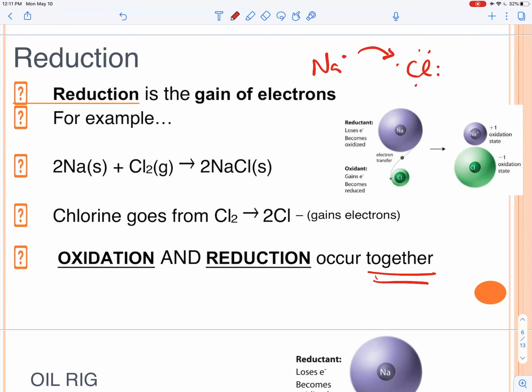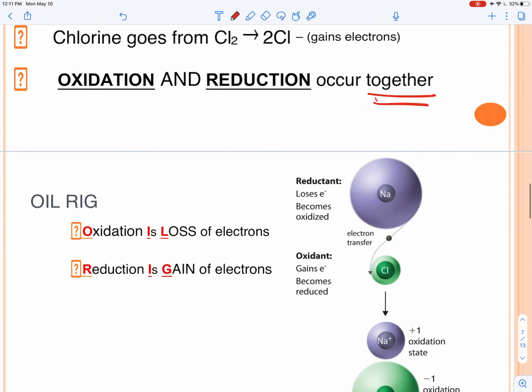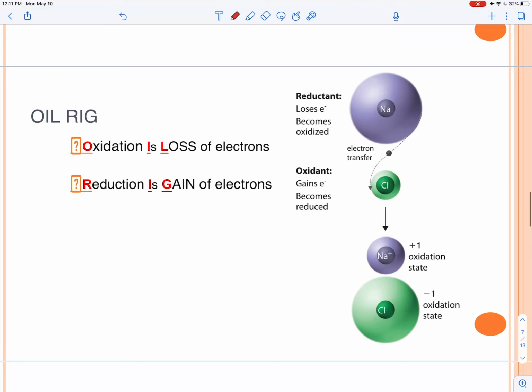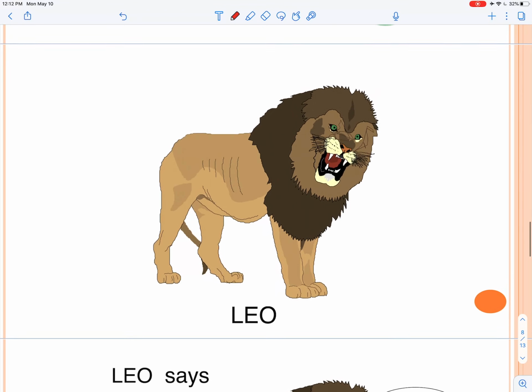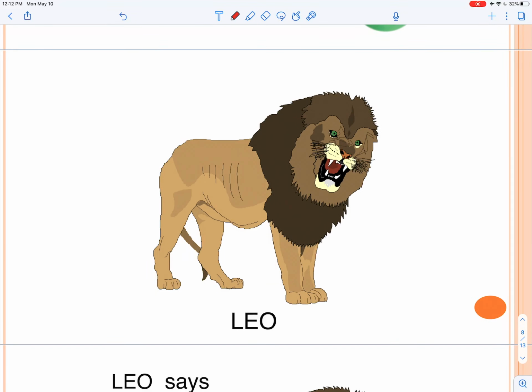So how do we remember which is which? Which one's the gain of electrons? What's the loss of electrons? One mnemonic you can use is oil rig. So oxidation is loss. That's oil, loss of electrons. Reduction is gain of electrons, or rig, oil rig. Another mnemonic you might use is Leo.